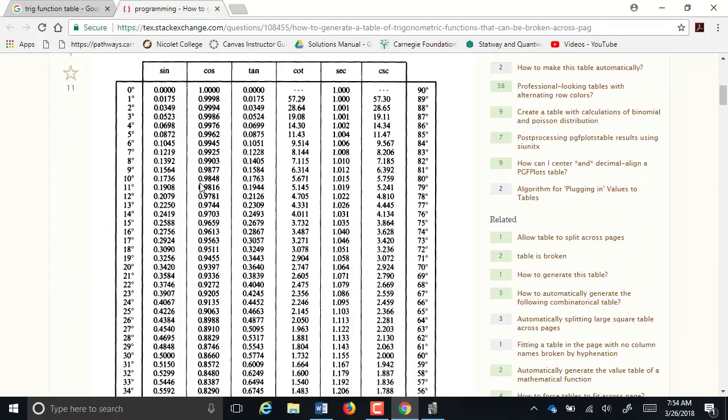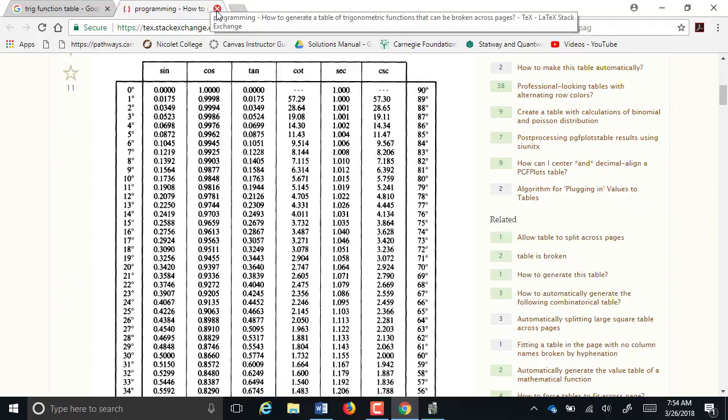So you had to know those co-identities, and since this table doesn't go above 90 degrees, you had to use those reference angles. And you had to know, okay, the reference angle, the 284 degrees, I'm looking up a 76 degree reference angle. And it's going to be negative sine and positive cosine because of where it's at on the unit circle. So those identities and reference angles used to be very important.